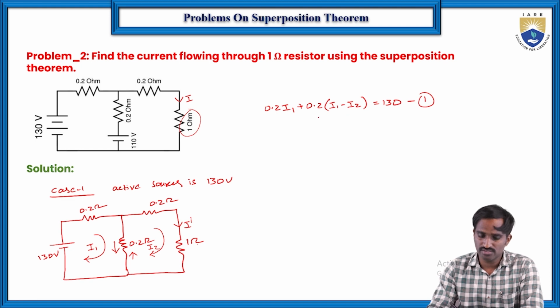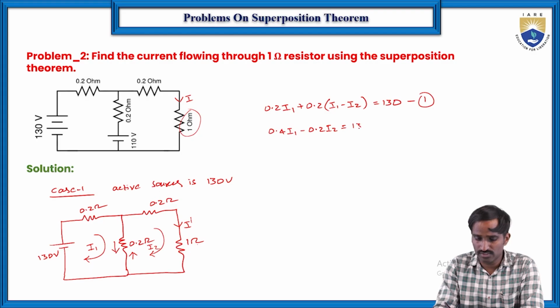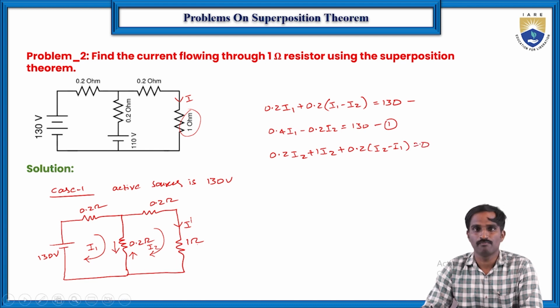Or if you simplify this equation, then you will get 0.4 I1 minus 0.2 I2, which is equal to 130. Okay, so let us consider this is equation number 1. Then from the second circuit, 0.2 into I2 plus 1 into I2 plus 0.2 into I2 minus I1, which is equal to 0, right?